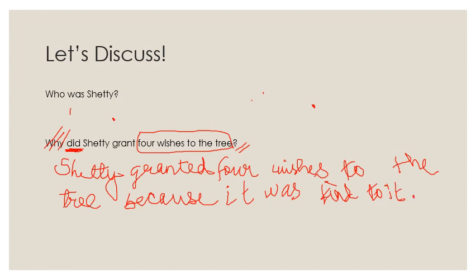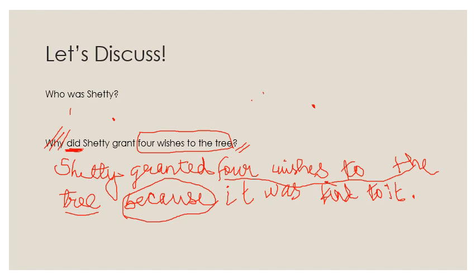Okay, so this is the common way that we generally apply to form an answer. So what was the question? Why did Shetty grant 4 wishes to the tree? Shetty granted 4 wishes to the tree. To link up our answer with the question, as you can see, 4 wishes to the tree, we have used a linking word, that is because, and then we have completed with the answer. It was kind to it.